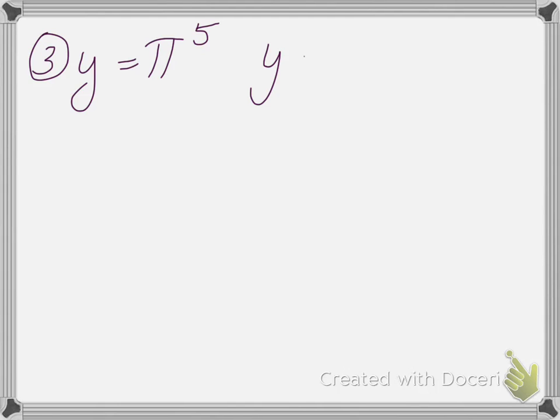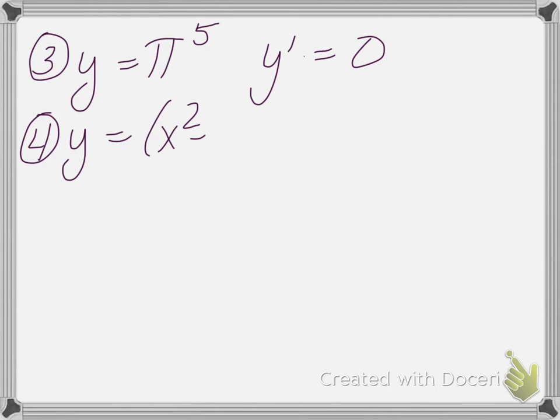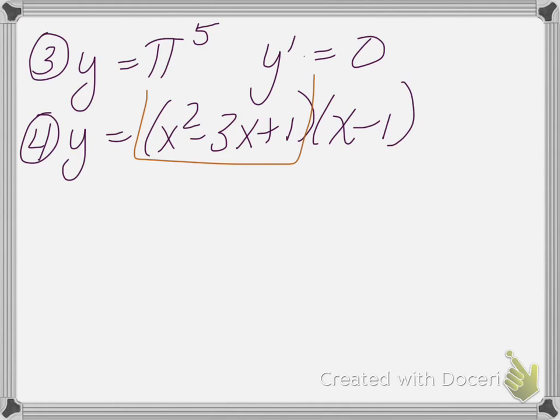Okay, part 5, number 3. This is just like what we did before. The derivative is just 0, because that's a constant. Okay. Number 4. Okay, this is definitely a product rule, because it's this times this.